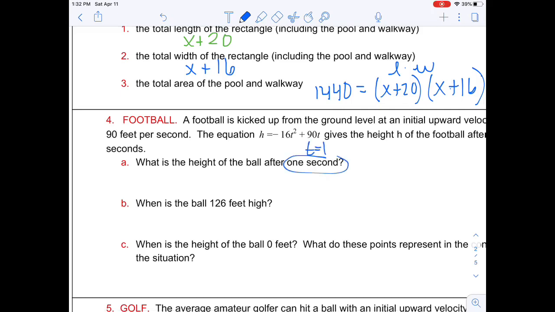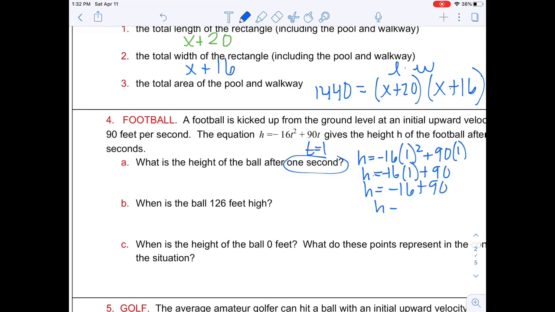So I want to know after 1 second, so t equals 1. I'm going to take my equation, h equals negative 16t squared plus 90t, and put 1 in wherever we see the t for time. h is negative 16 times 1 squared, which is 1, and 90 times 1 is 90.